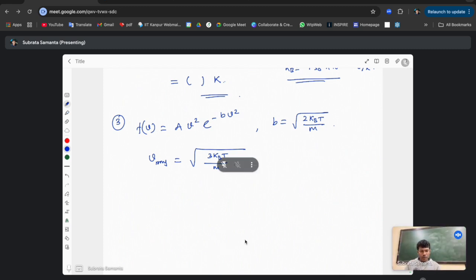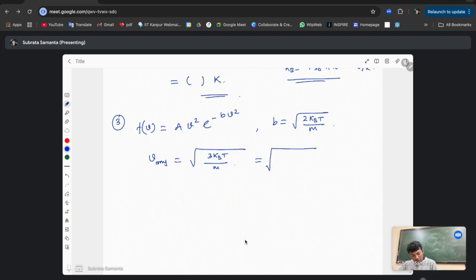This formula was derived in the class, so I am not going into the details, I just use the formula.